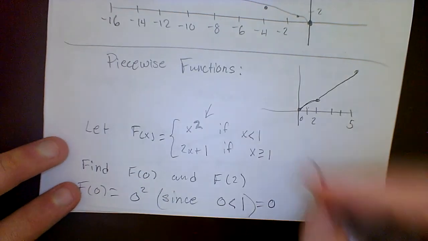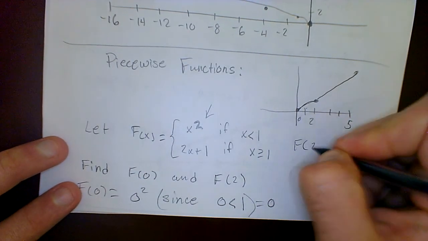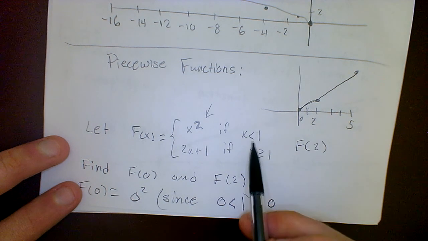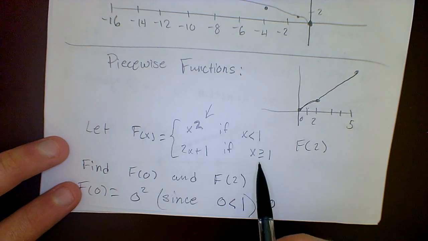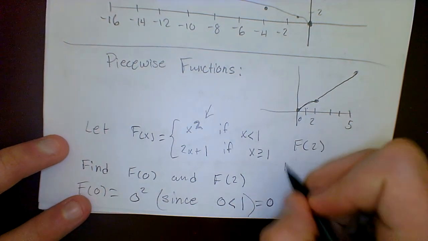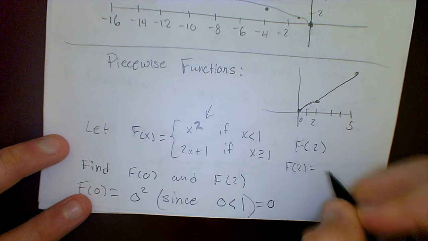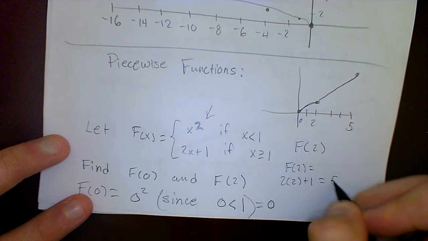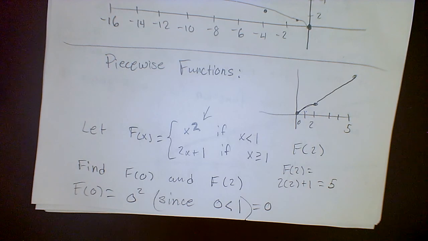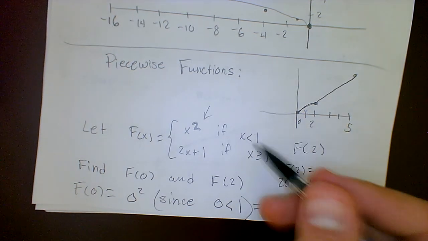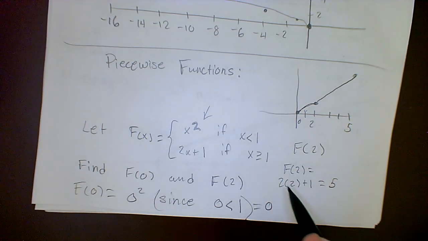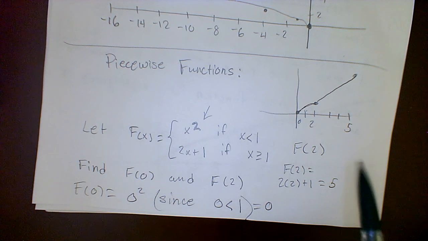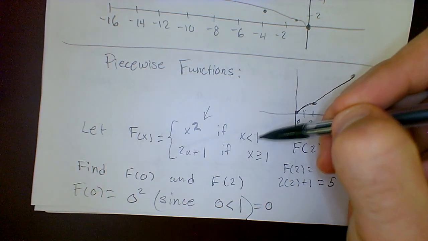Right, so now what about f of 2? So 2 is not less than 1, but 2 is greater than or equal to 1, so f of 2 equals 2 times 2 plus 1, which is 5. Okay, so it all depends on what interval you fall in here. Okay, and we call these points, so this point x equals 1, right?